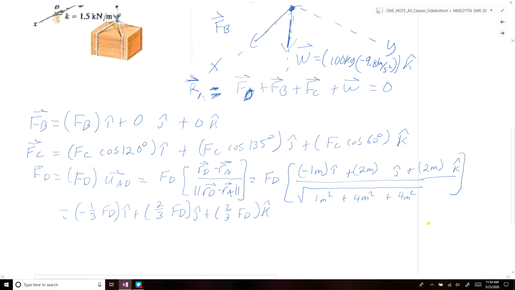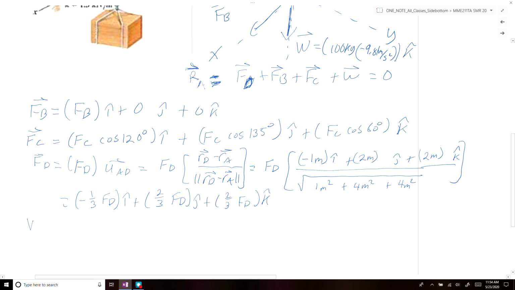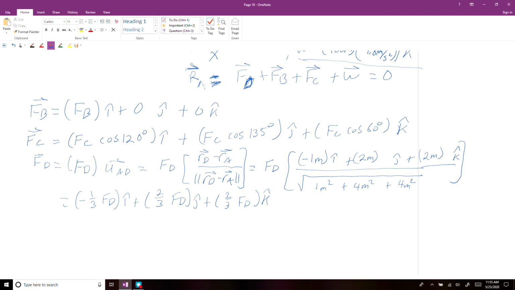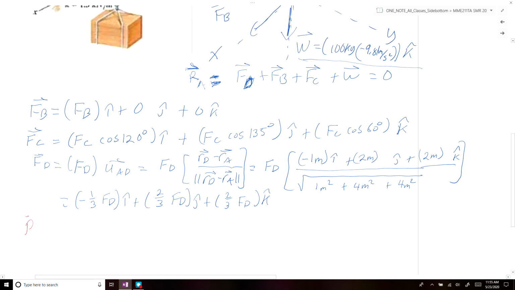Right? And the only thing that we have left is W, which we already defined on the top of our screen here. All right. So we can add these all up to get our resultant force. So if we do that, for x, we'll get FB plus FC times cosine of 120 degrees.